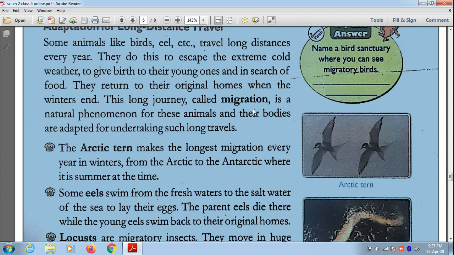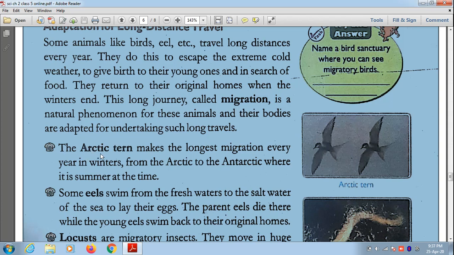So it shifts from its original place to some other place for a while, right? And they return to their original homes when the conditions become favorable. And this long journey is known as migration. That is moving from one place to another.